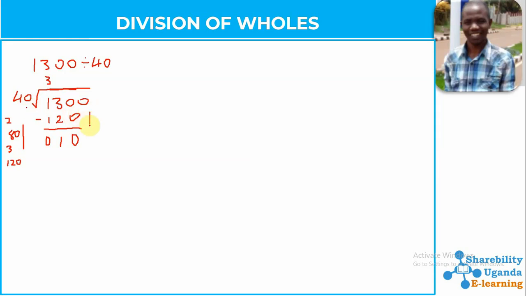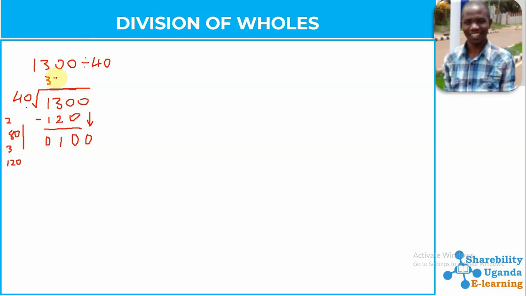So we bring down the 0, which was remaining here. Now this is 100 divided by 40. But remember here we said if we say 2 times 40, we get 80.